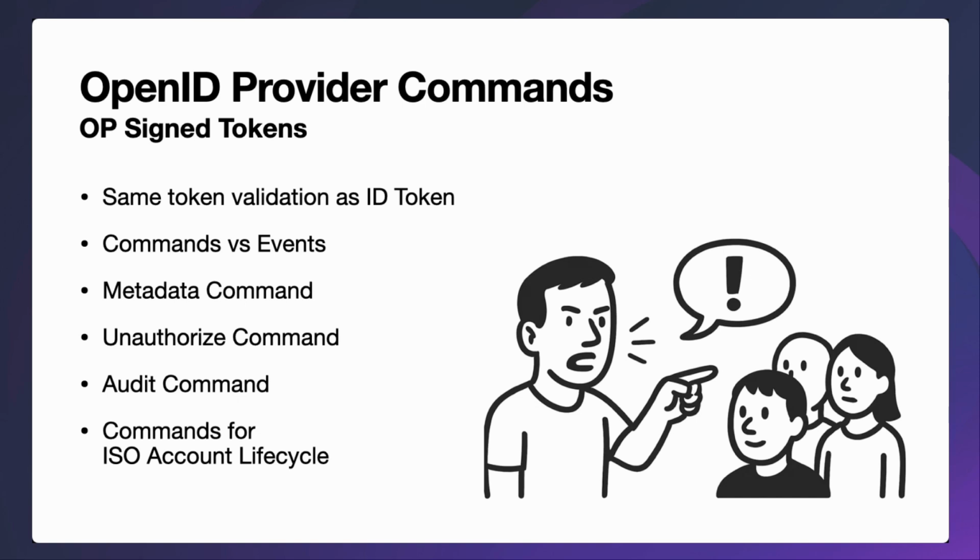For example, one of those could be the next command on the list, the unauthorize command. This functionality isn't well represented in anything in standards today. The unauthorize command enables the OP to tell all of its RPs, I want you to unauthorize any access this one user has.